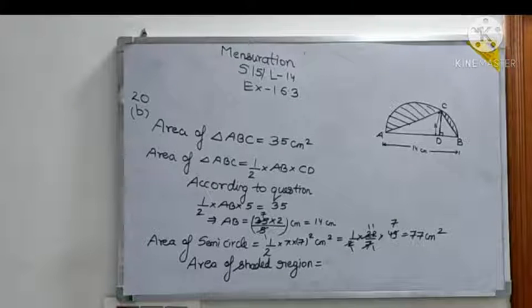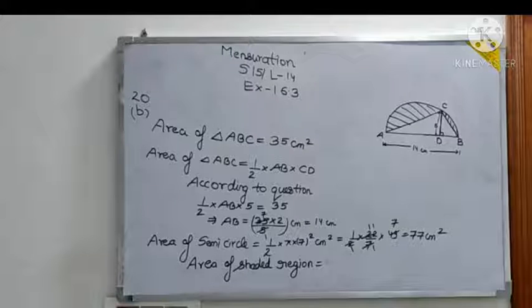From the area of the triangle we got AB, which is the base of the triangle, that is the diameter of the semicircle. From the diameter we get the formula for the area of the semicircle, half into pi r square.